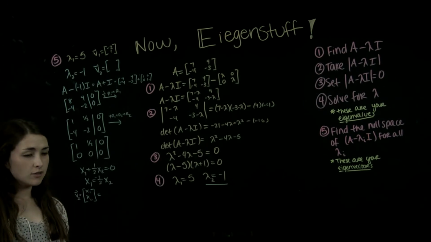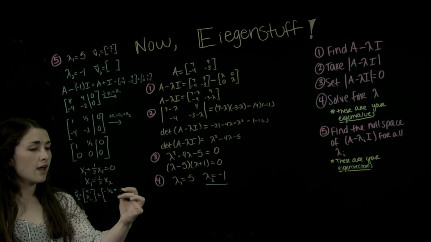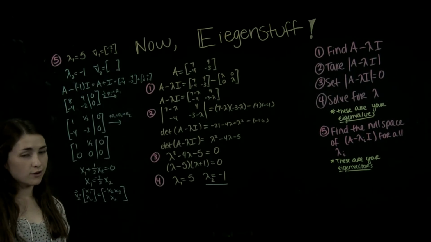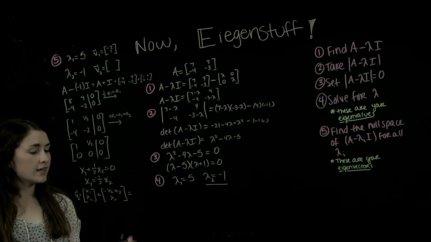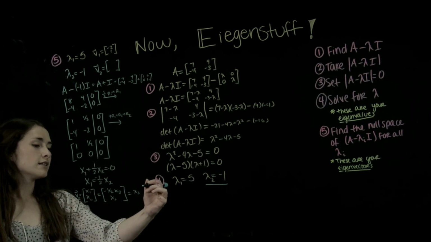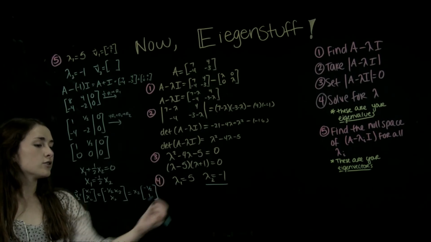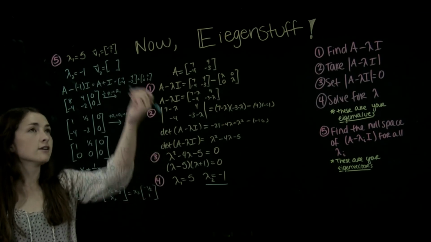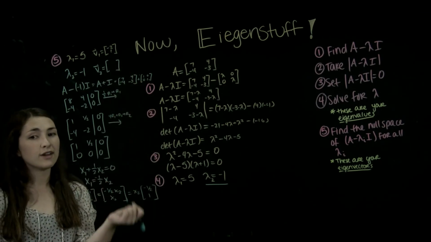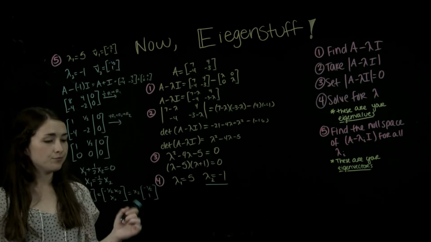And that's going to be equal to x sub 1 is equal to negative 1/2 x sub 2, and x sub 2 is just equal to x sub 2, because once again, x sub 2 is our free variable. So we're going to have x sub 2 times negative 1/2, 1. So this here, our eigenvector for our second eigenvalue of negative 1, is negative 1/2, 1.